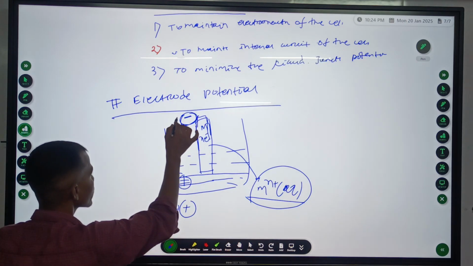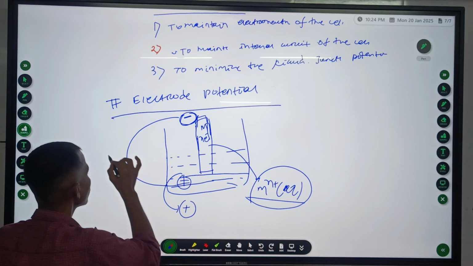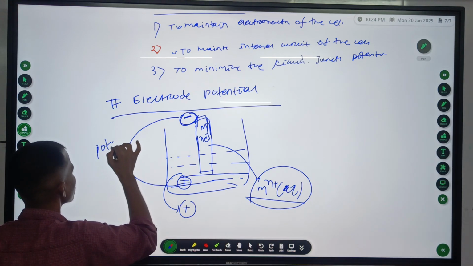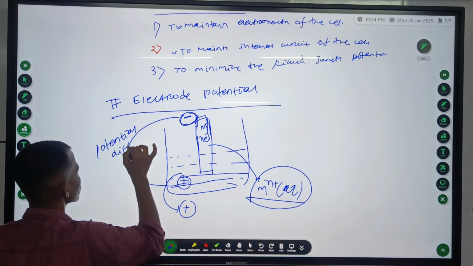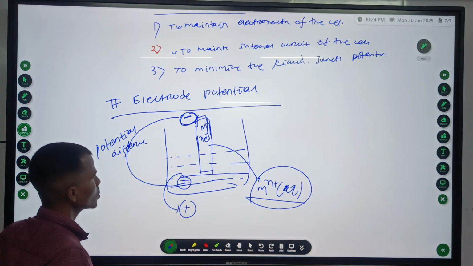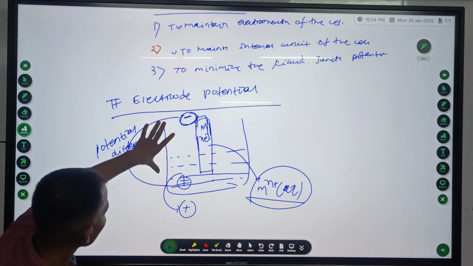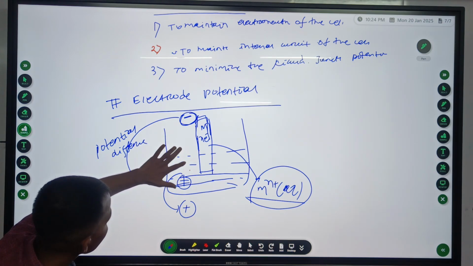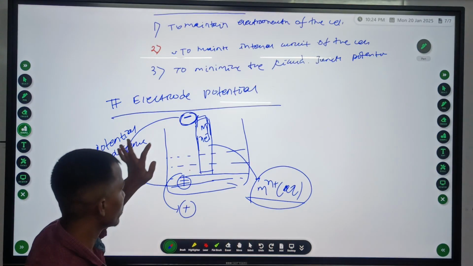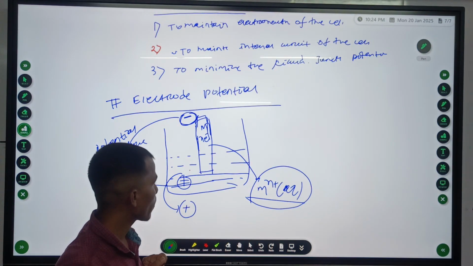So there is a creation of potential difference between the electrolytic solution and the electrode.